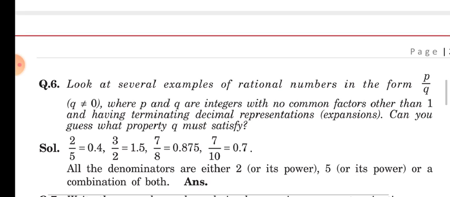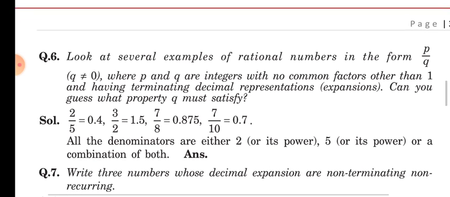So the question is, can you guess what property q must satisfy? The answer is, q must satisfy either 2 or its power, 5 or its power, or a combination of both. So to be a terminating decimal, the denominator should be a power of 2, or a power of 5, or a combination of 2 and 5.